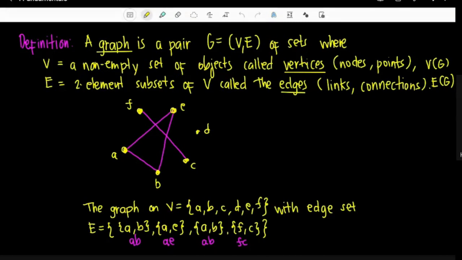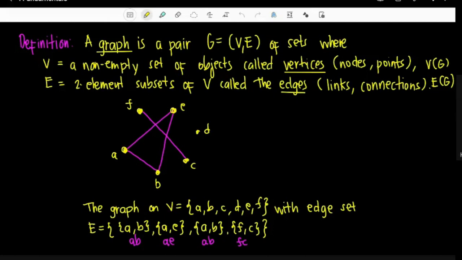For example, the subset AB, or the set containing the points A and B, that's the edge AB. So for simplicity, we can just represent that as AB. Pag walang confusion, i-represent lang natin yung subset as the two-letter word AB. So that means it's the subset containing A and B, which represent the edge connecting A and B.